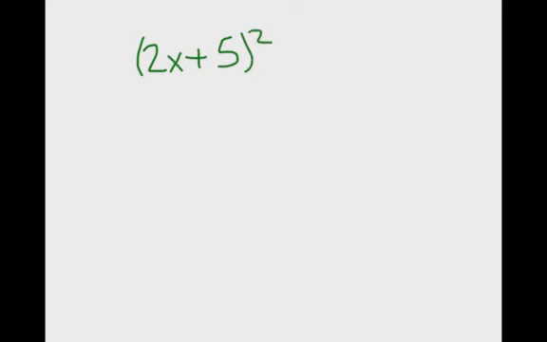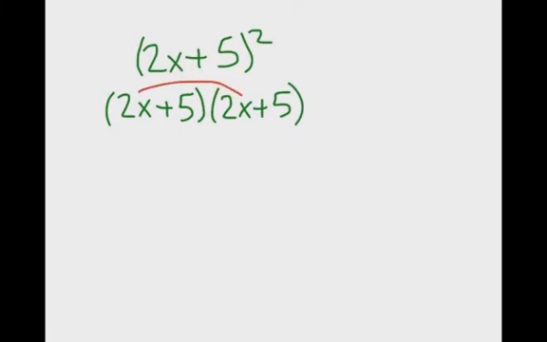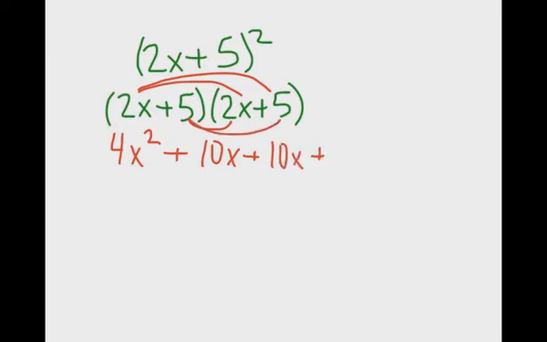Since it's squared, we take 2x plus 5 times itself 2 times. 2x times 2x gives us 4x squared, plus 10x, plus 10x again, plus 25. Add our like terms and we get 4x squared plus 20x plus 25.